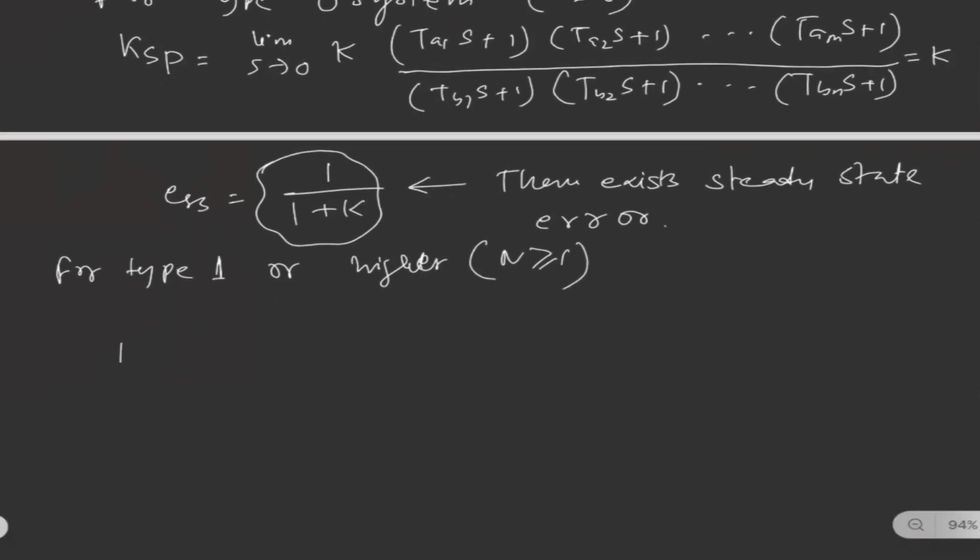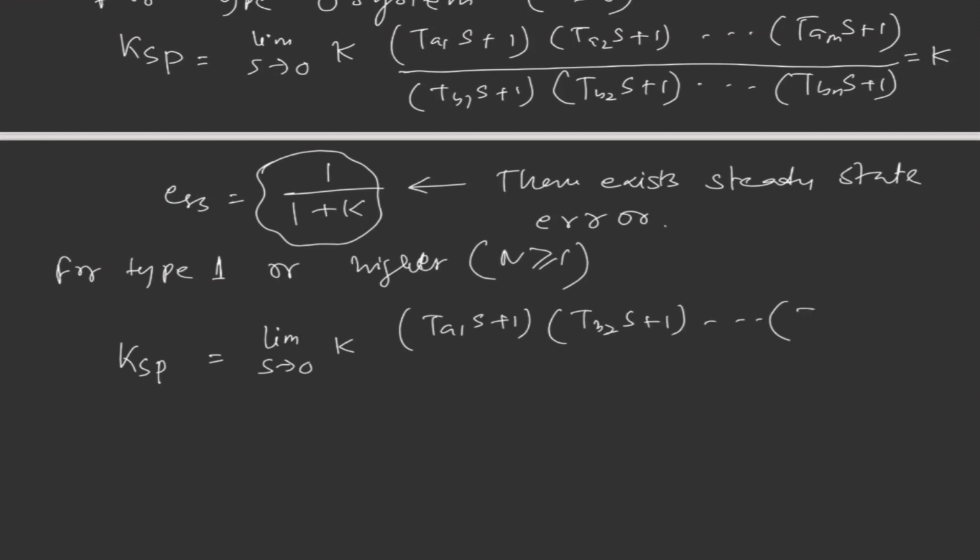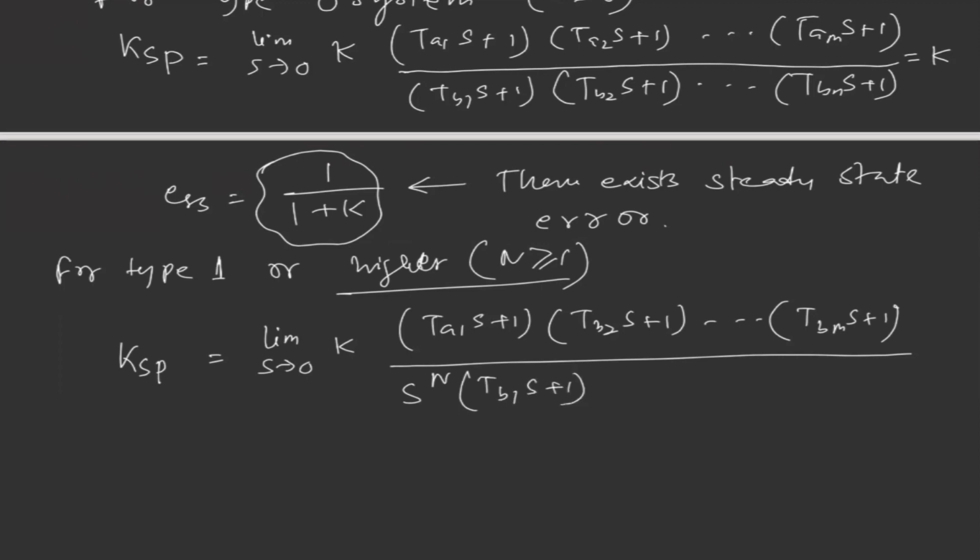So we can write KSP equal to limit s tends to 0, K (TA1 S plus 1)(TB2 S plus 1)...(TBM S plus 1), and in the denominator, since we are assuming higher order, let's write S to the n, (TB1 S plus 1)(TB2 S plus 1)...(TBN S plus 1).